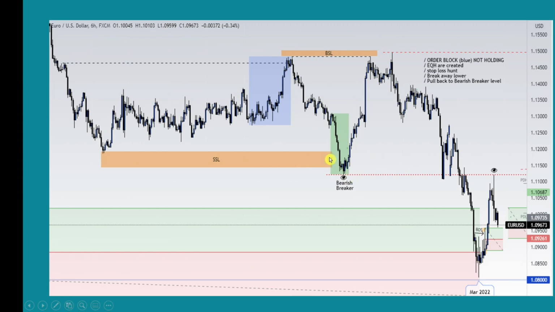Concept will be explained in future videos, all indicating that the order block might hold. Unfortunately, it does not. Instead, equal highs are created with buy-side liquidity on top, which is then attacked and taken out, followed by a break lower. Just for your information, see how the bearish breaker is holding on the next price impulse higher.